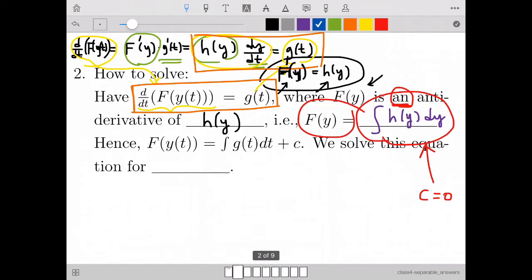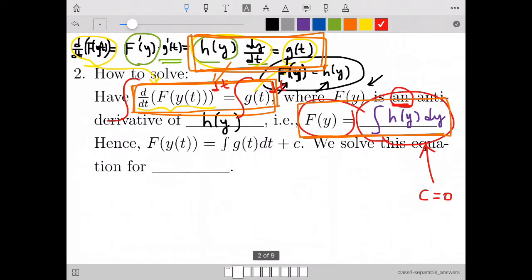So from there, see, that was our original equation, and then we change that into this by finding big F of y like this, and then we integrate this with respect to t.